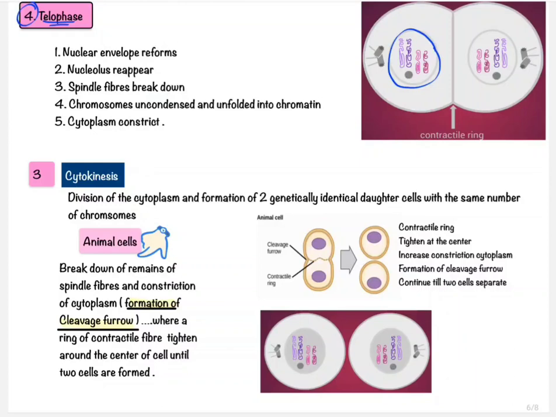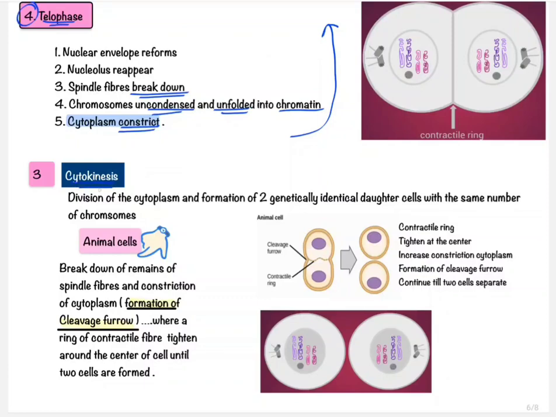They're now useless, so they're going to be broken down, and the chromosomes uncondense and unfold into chromatin. We're back to the first point we talked about, and the cytoplasm constricts. By constrict, I mean it forms this shape. It's now getting ready to be separated, becoming two cells.